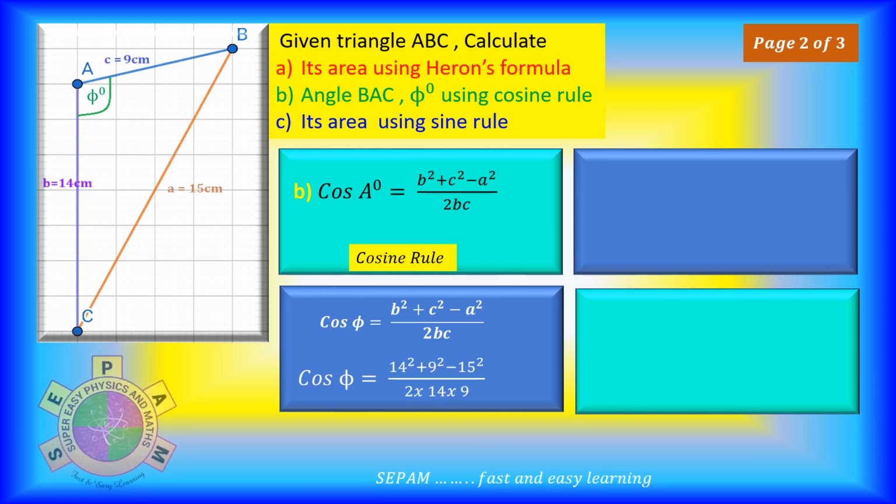Let's substitute the values where B is 14, C is 9, A is 15. Simplifying that, the numerator gives 52, the denominator 252. Divide that, then find the angle, that gives psi equal to 78 degrees.